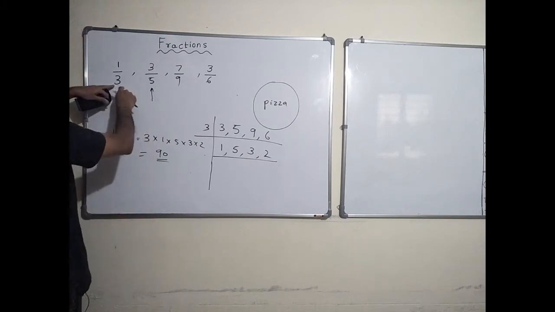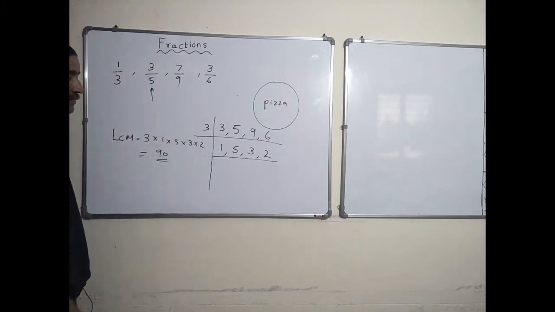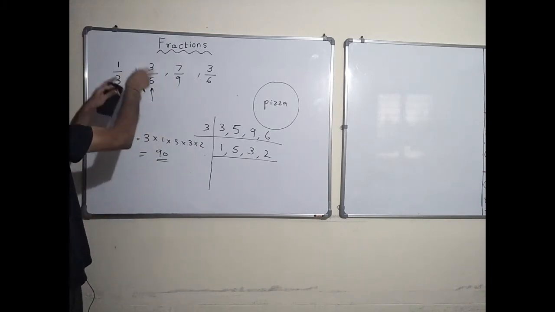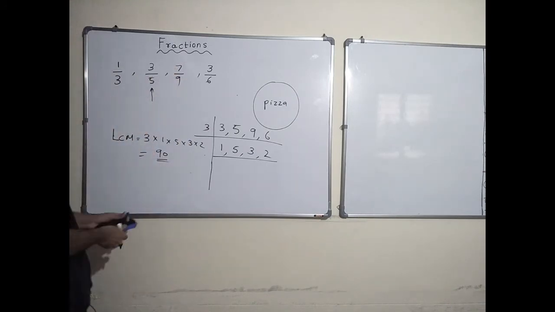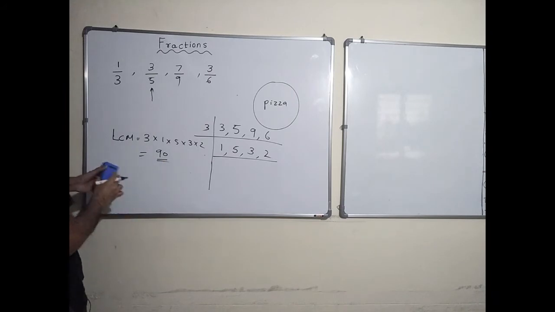So all these numbers meet at 90. Their multiples meet at 90. So let's do that. Now we already know that the LCM is 90. So I can multiply this denominator by 30 to make it 90.